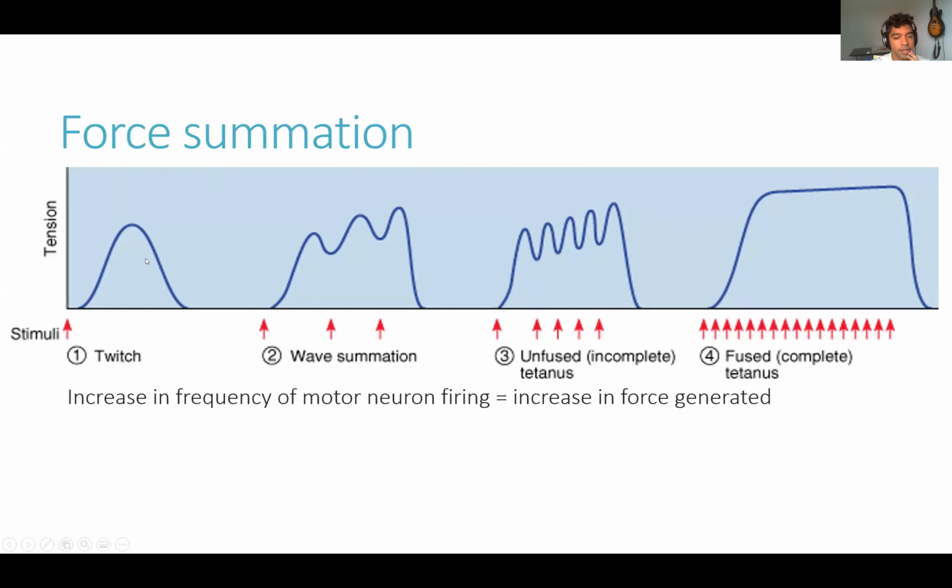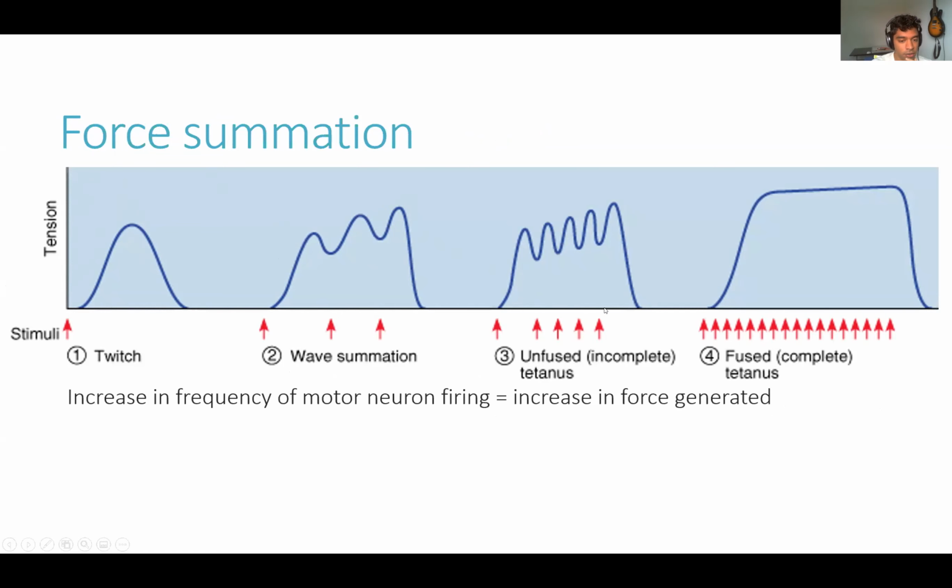Force summation is how we get more force from the same myofibrils or from the same muscle cells. So one twitch is when you get one signal and then it comes down again. So this is how much tension there is. If you summate those waves, it builds off each other and your tension gets higher.